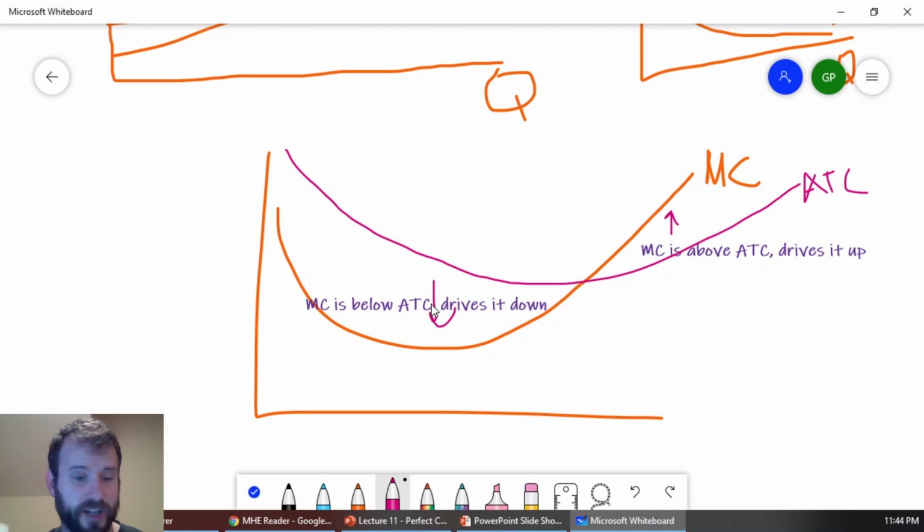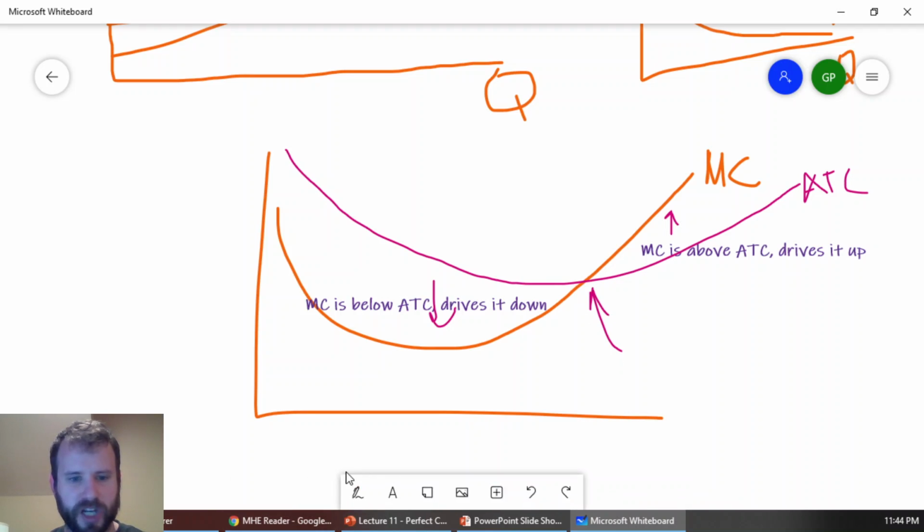So that's, like I said, if you're consistently getting tests that are below your average, well, your average is going to drop. If you're consistently getting tests that are above your average, well, your average is going to increase. So at the point where your marginal cost crosses your average total cost, well, then it stops driving your average total cost down and starts driving it up. So this must be your minimum average total cost.